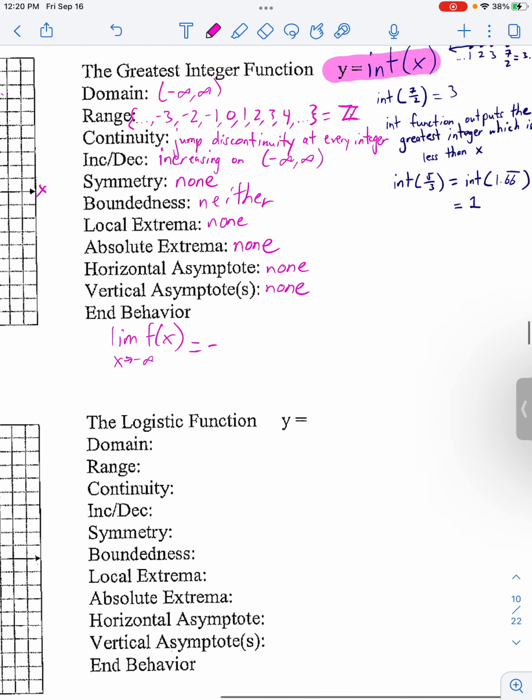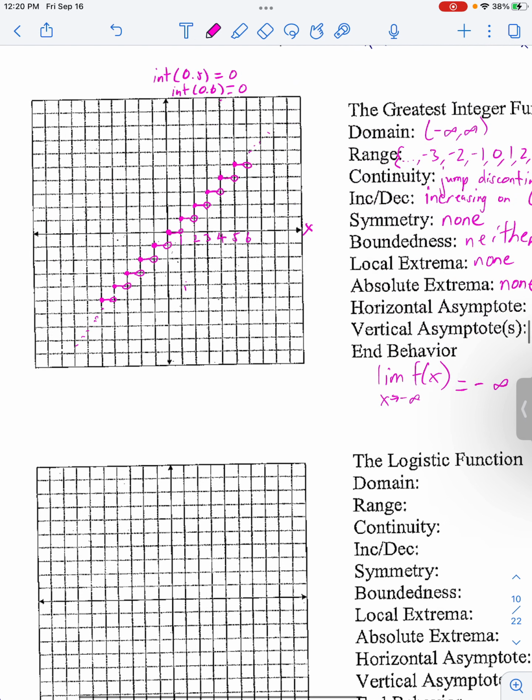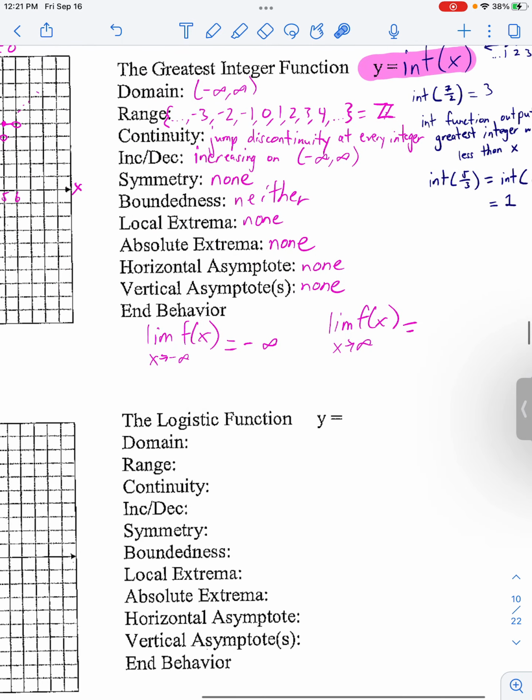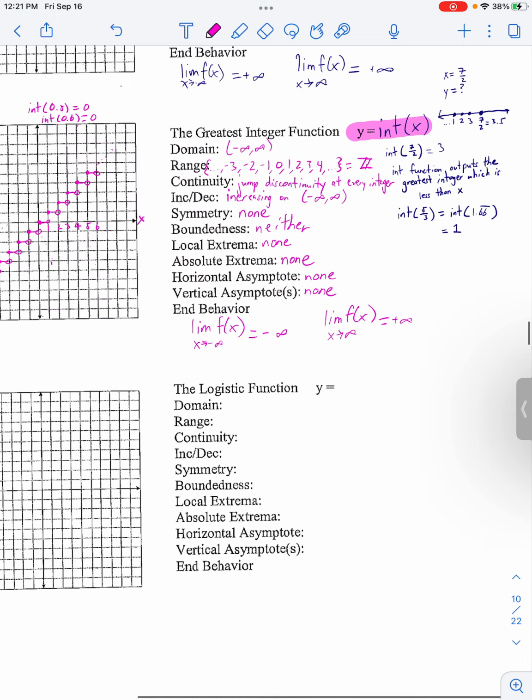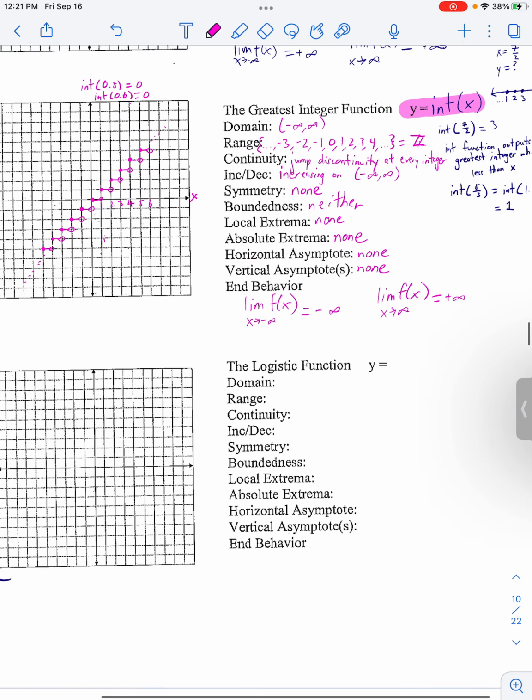So it's negative infinity. The limit of f of x as x goes to positive infinity, right? As my x goes to the right, my y should keep going up and up and up. So that equals positive infinity, okay? Greatest integer function. Rewind, watch, slow down, whatever you need to do, okay?